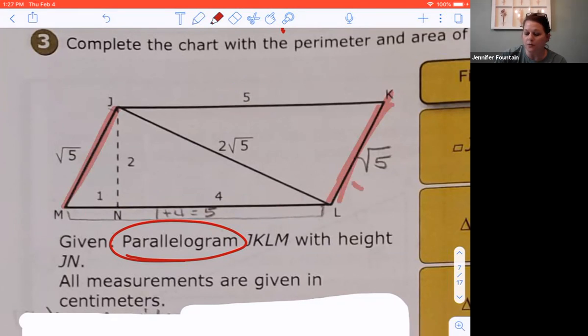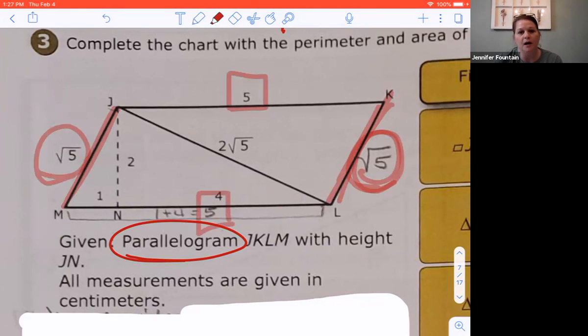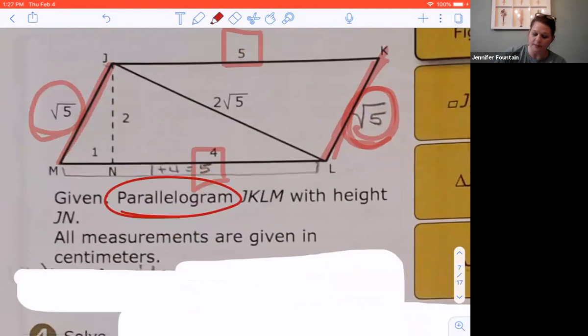So I went ahead and wrote over here that since this one is the square root of 5, I know this side is the square root of 5. Okay, so this side is 5, this side is 5, but then my other sides are the square root of 5. It also tells me that all of my measurements are given in centimeters, so I know my measurement here.